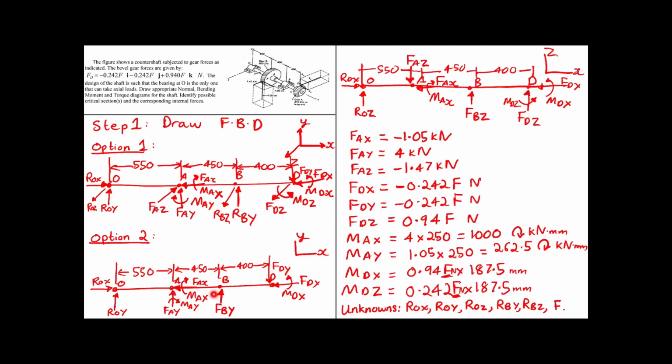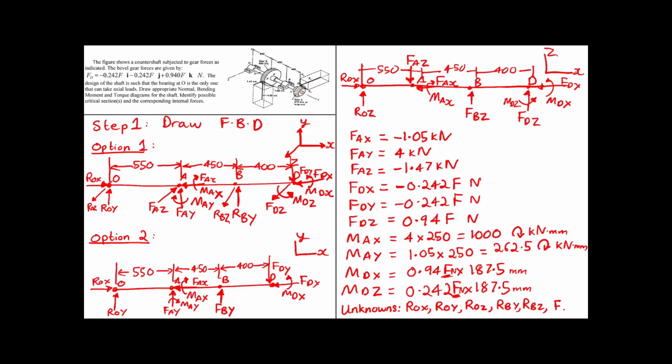So now looking at the y-axis, we have MAY, and we have the moment that will be caused along the y-axis by this force times the perpendicular distance.